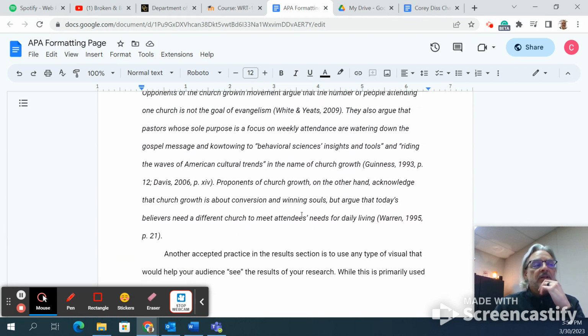Oftentimes, a good creative graphic that's not too busy, but also really helps crystallize what your results are, is always beneficial.